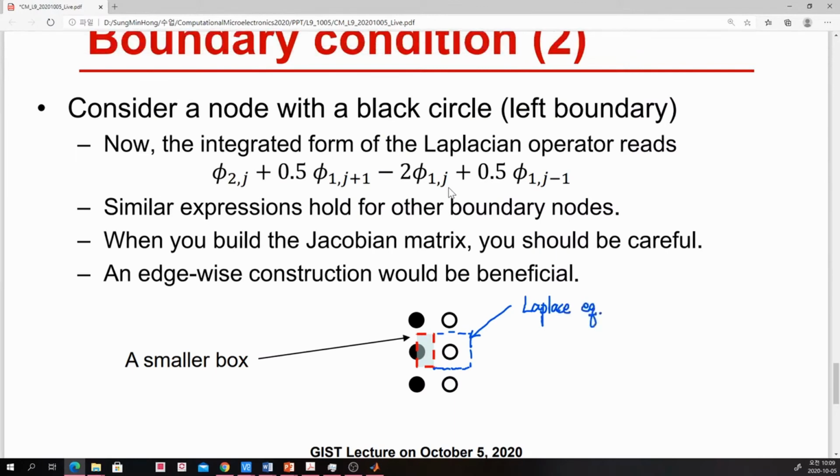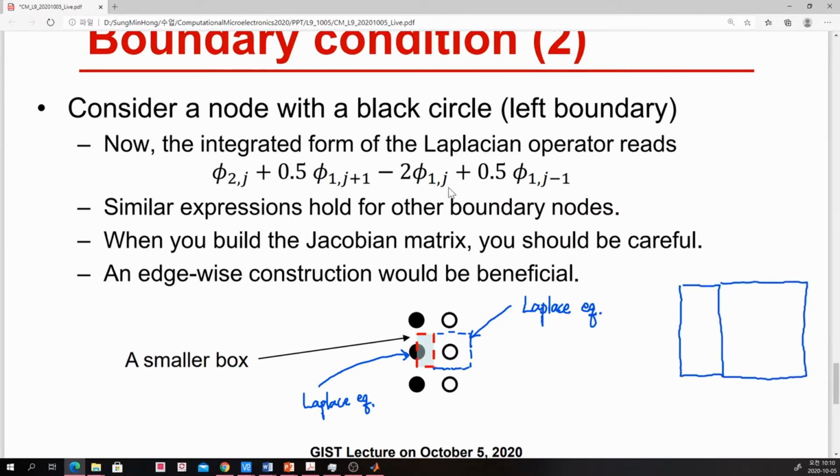Then if you are solving the Laplace equation, please solve the Laplace equation even for these boundary nodes when they are not attached to your contact. Then you will find that this red box is somewhat different from the previous one.